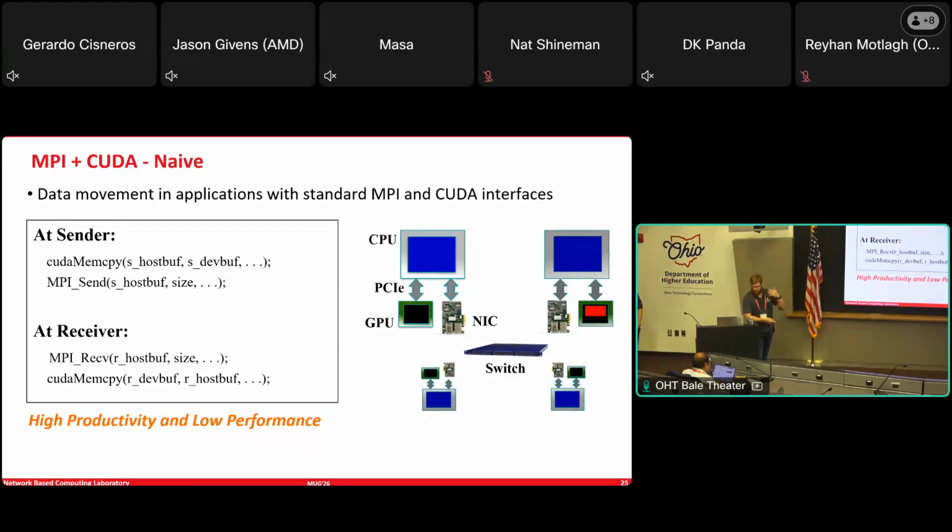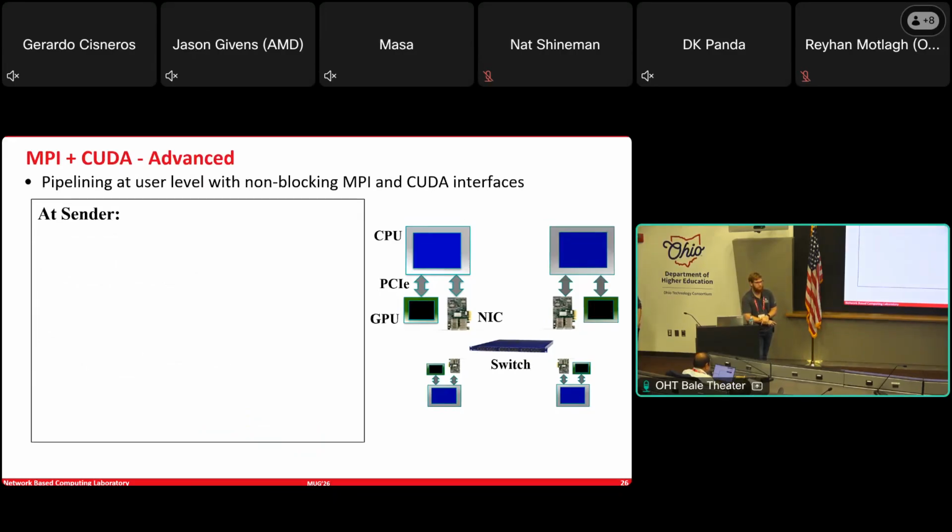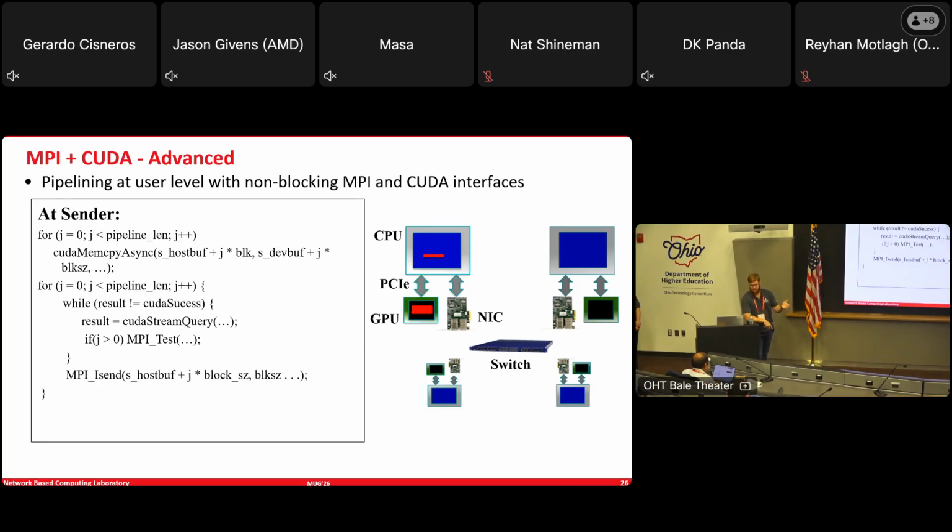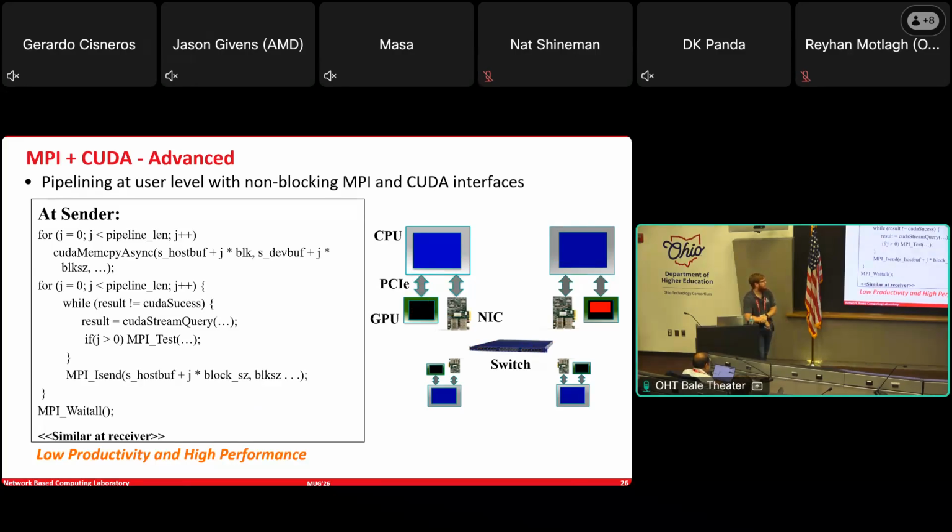So, an advanced user might handle this themselves by essentially pipelining the process: pipelining the copies from the GPU to the CPU, then performing non-blocking sends, and on the receiver side, doing this in reverse, performing non-blocking receives with an async memcopy back to the GPU. This would be very efficient, but it's a pain for anyone to program into their application and requires you to change your application code, which nobody likes doing.